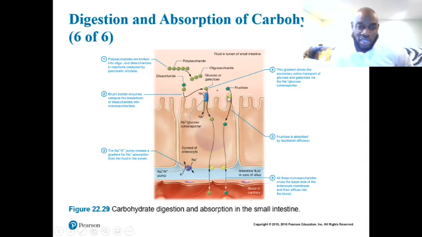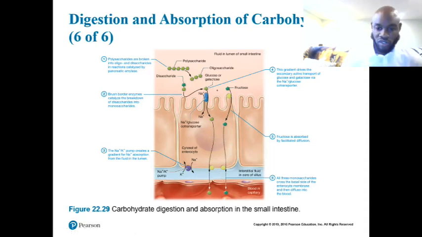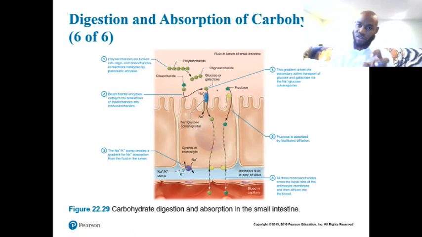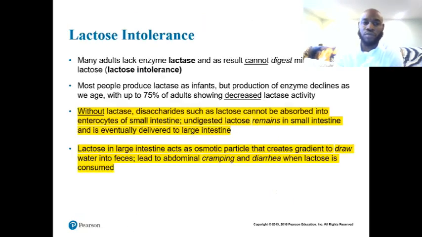Fructose, on the other hand, has a facilitated diffusion mechanism, a passive mechanism based on differences in concentration. Then they both have the same facilitated diffusion mechanism on the basal side, close to the bloodstream, and they can eventually get out of the enterocyte into the bloodstream. Digestion: breaking down, and absorbing into the bloodstream.